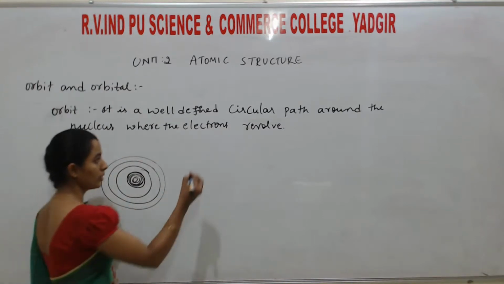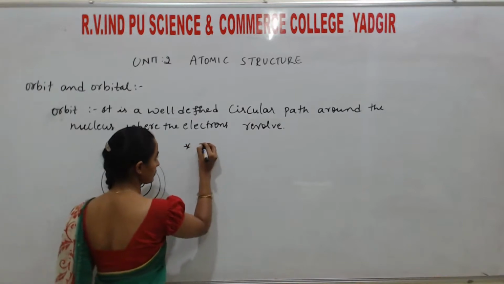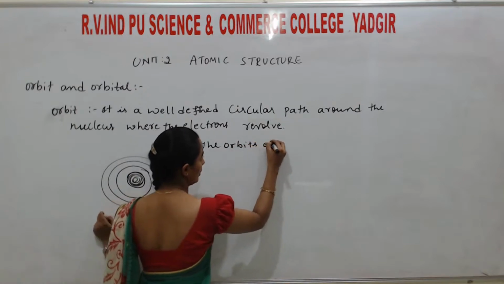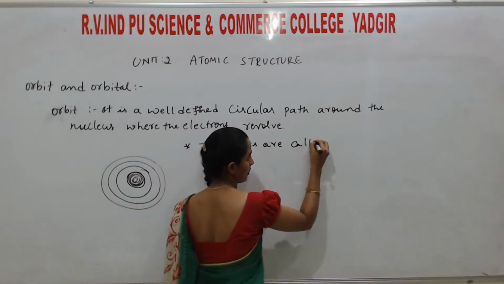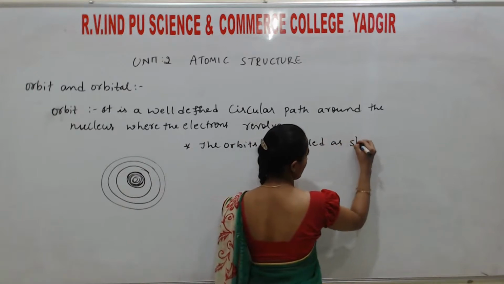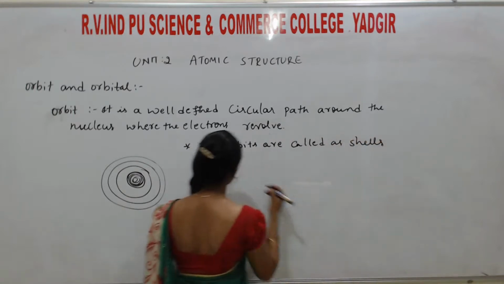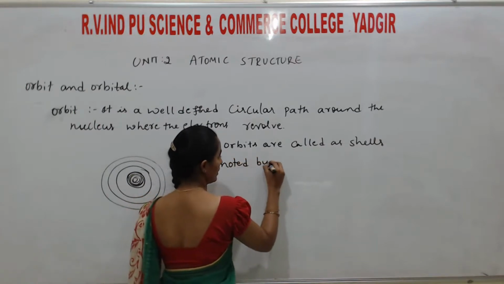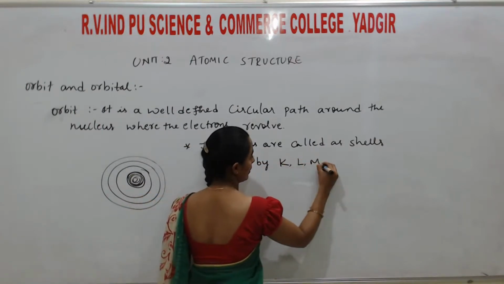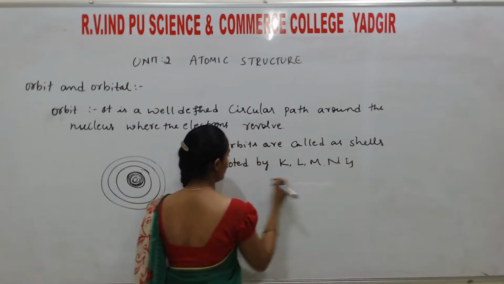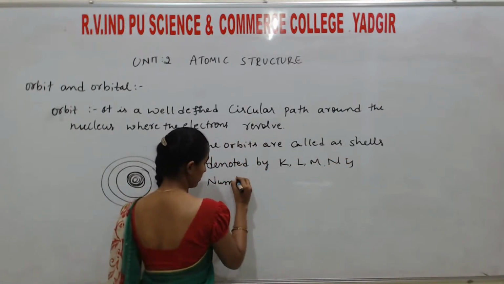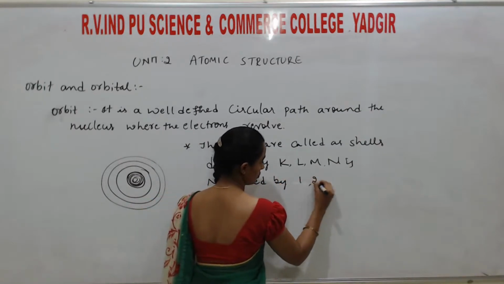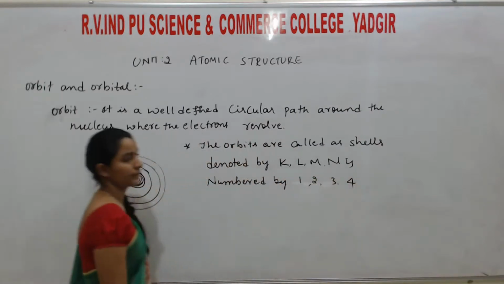The main thing is, students, so listen, the orbits are called as shells, denoted by K, L, M, N and numbered by 1, 2, 3, 4.